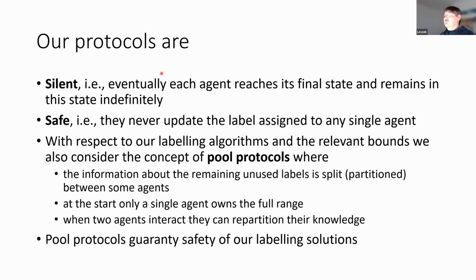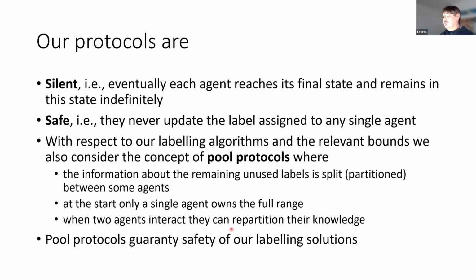Our protocols are silent, which means that eventually every agent reaches one particular state and remains in it forever. And safe: we introduce the notion that when you get the label, you never change the label. You just adopt it, and that's it. We also consider pool protocols. This is what makes our protocol safe.